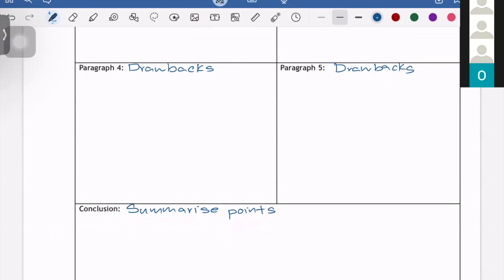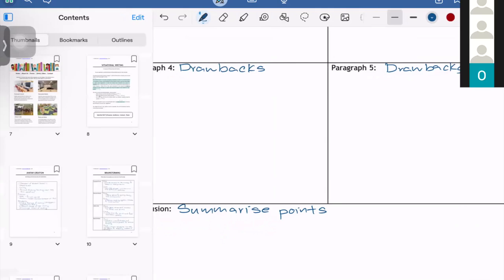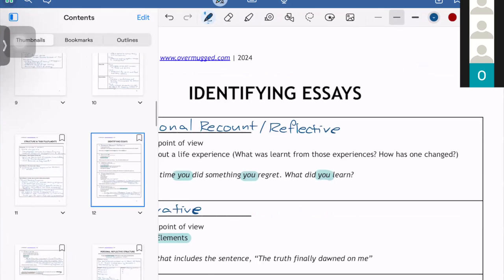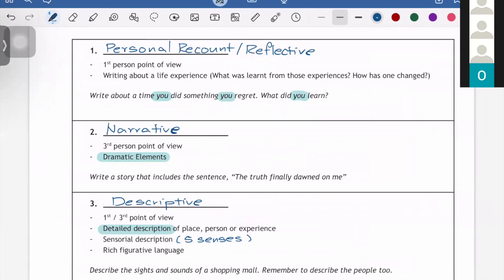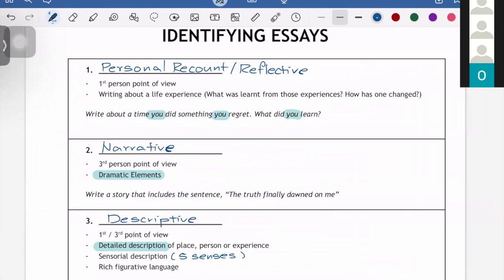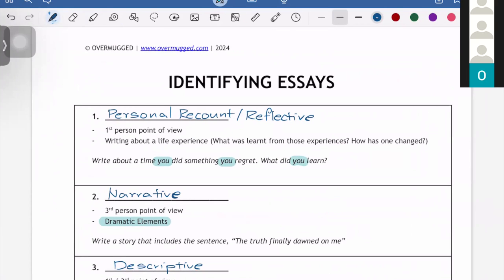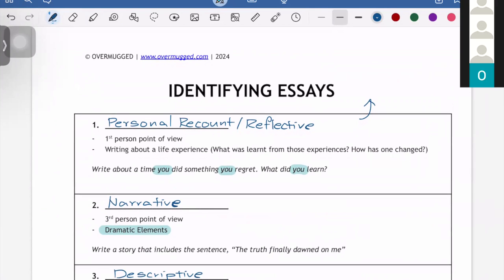Okay, someone mentioned that they want a summary of the different ways to start an introduction. So usually for personal recount, if you remember just now I mentioned, you start off with the hook. Your hook, it includes rhetorical question.